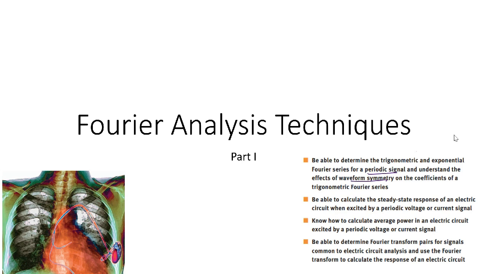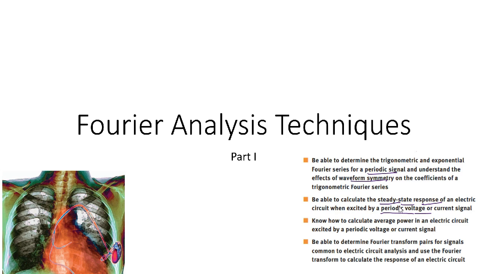So here we are using the term steady state response. Steady state means that there is no transient in it. So the system is already going stable. It is a through and through system and everything is working fine. So that's why we say periodic voltage. There is no instantaneous voltage.